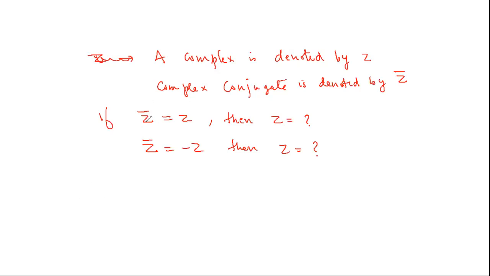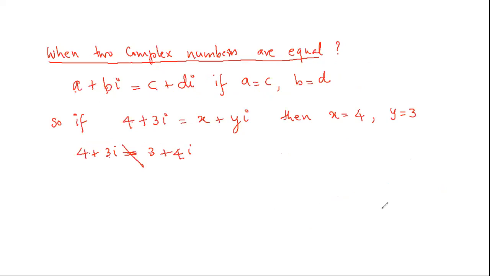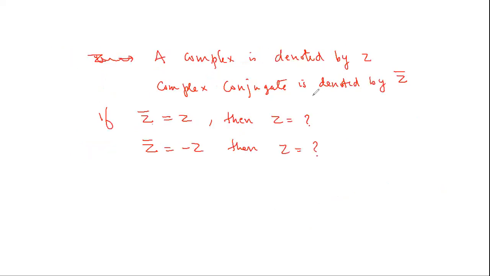When do Z bar and Z become equal? Z is 1, 1 is correct, 5 is correct, 1 by 2 is correct, root 3 is correct. Not any number, any real number. Then Z is a real number. Very good.